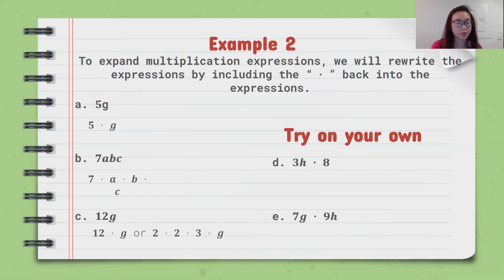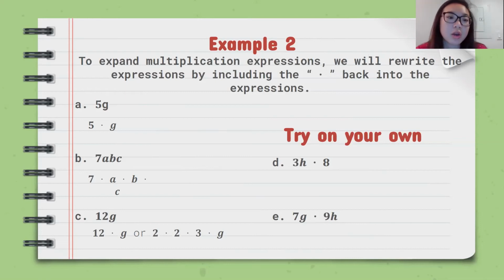So for A, I have 5G, so I know that is 5 times G. And then for B, I have 7ABC.